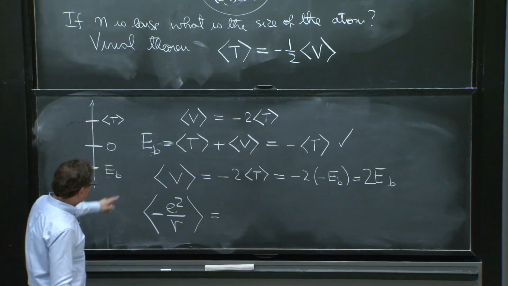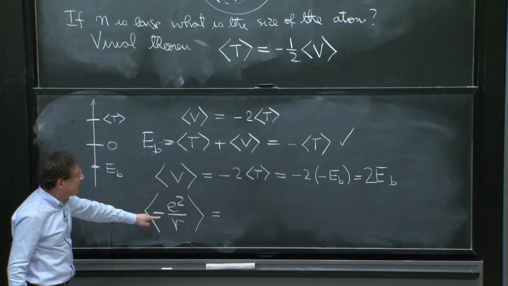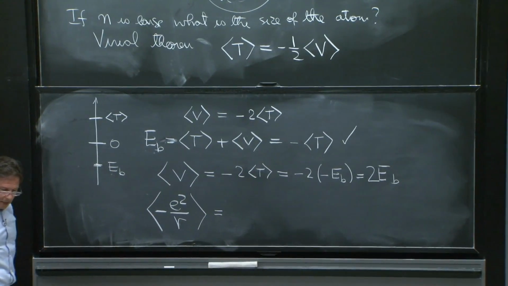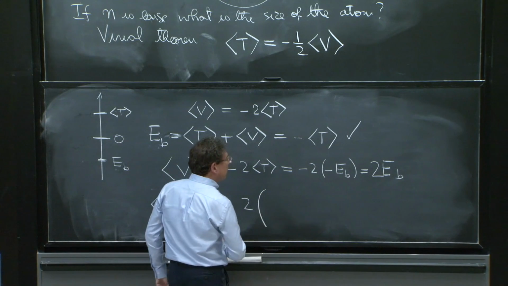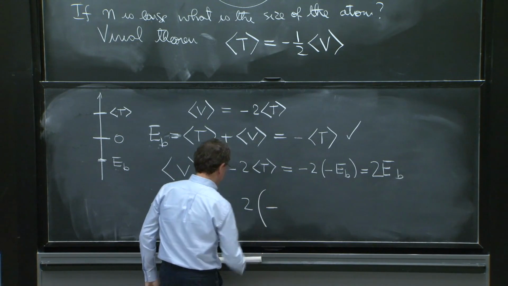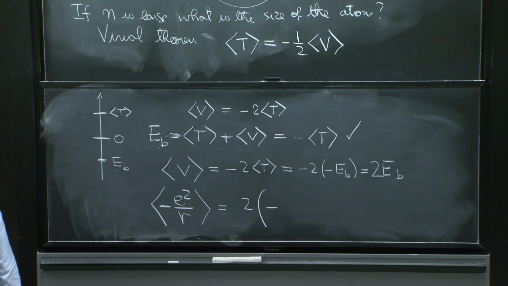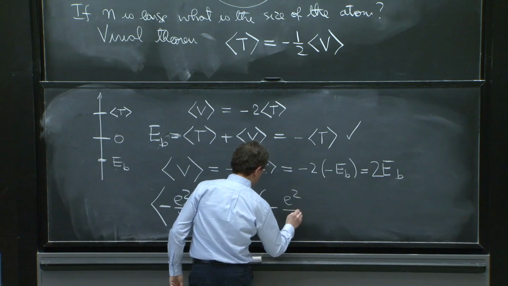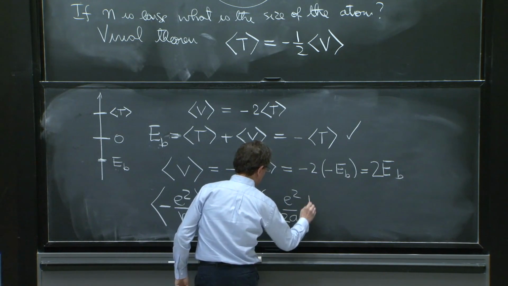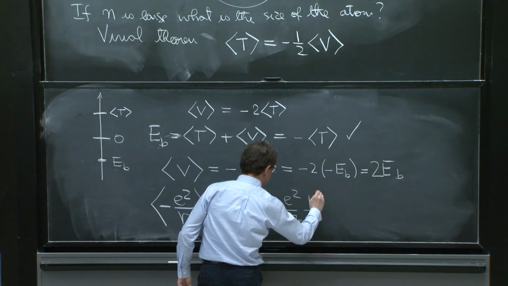Okay, so expectation value of the potential we have here, and 2 times the energy. Yeah, I would have gotten this wrong. Thanks for correcting it before it did damage to the derivation. We have it there, e squared over 2a0 1 over n squared.